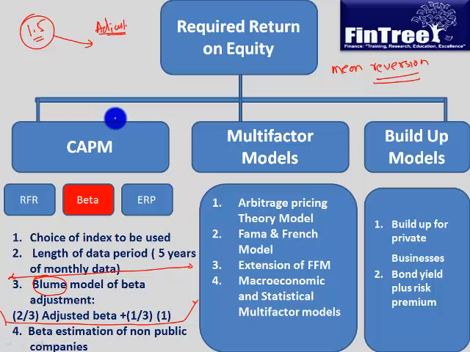Now what if you want to estimate beta for non-public companies? Yes, what we studied in the previous year. Take a benchmark company, then unlever that, and then that unlevered beta, relever that again. Now one difference between level 1 and level 2 curriculum is, if you remember, what was the formula for unlevering a beta?